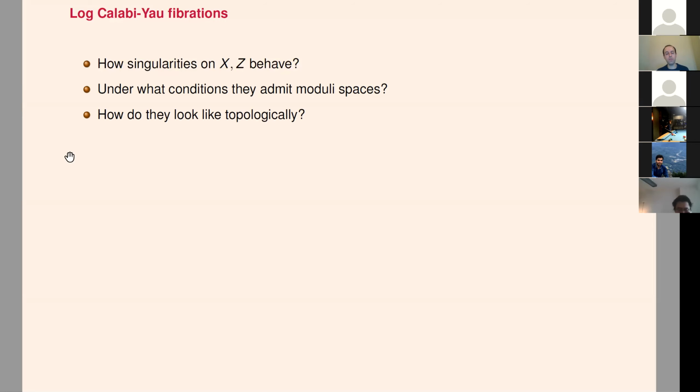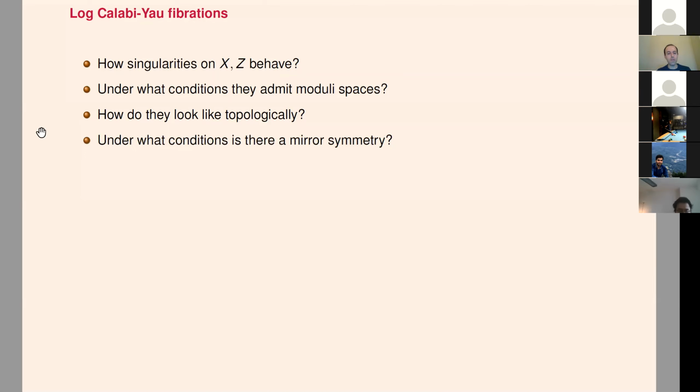For instance, we know that Fanos are simply connected, so that's a topological statement. But if you take just the local case, when X is equal to Z and you have (X, B) a pair with a singularity, you can ask what kind of fundamental groups you have locally around a point on X, and so on. So this can give you a lot of interesting questions.